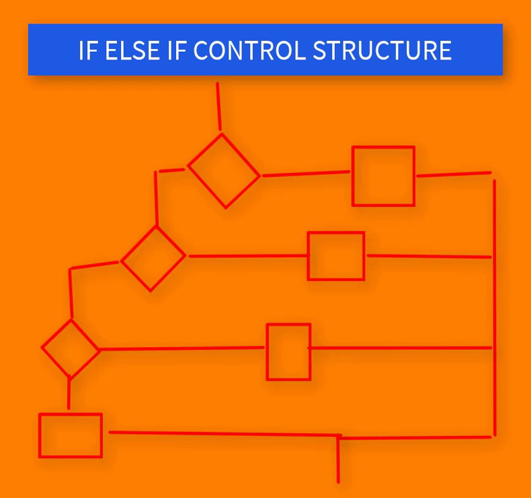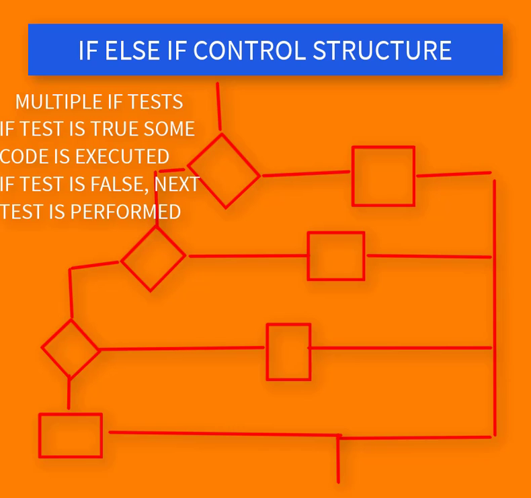So to go over the if-else-if structure one more time, an if-else-if structure is made up of multiple if tests, not a single if test. The concept is that you perform a test. If the test is true, then you execute some code and you quit the if-else-if structure. If the test fails, you move on to the next test. You perform that test.